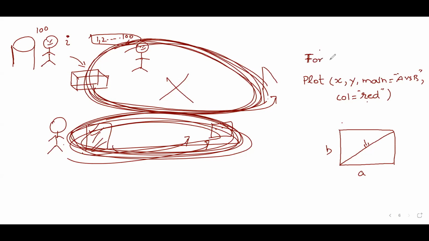For bracket, I is the number of iterations, the number of times you want this loop to work. So for I in 1, it will start from 1, right? Everything will start with 1. 1 to how many times?